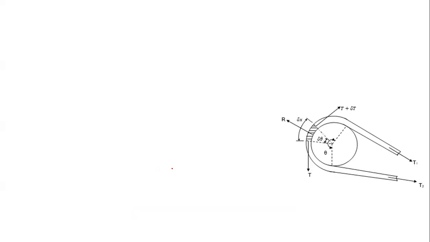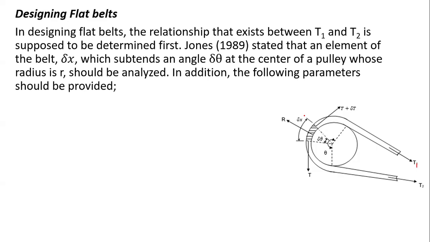So when you decide to do an analysis, you'll notice that moving from the loose side going towards the tight, in this case, this is our T1 and this is our T2. If we take a small element of the belt, delta X, there are a few things we can pick from there. First, we are going to notice that the angle strapped there is delta theta, and we're analyzing a flat belt. This is a flat belt.